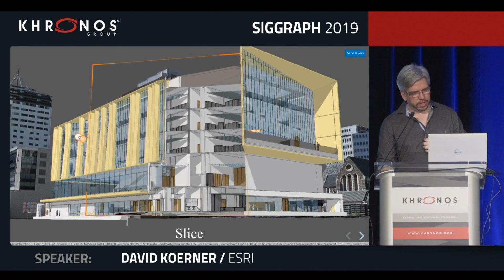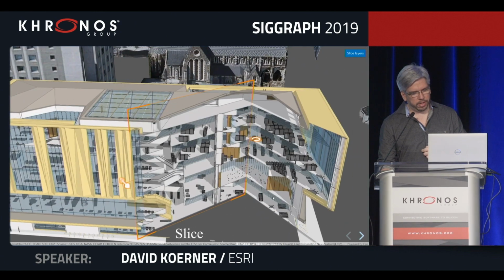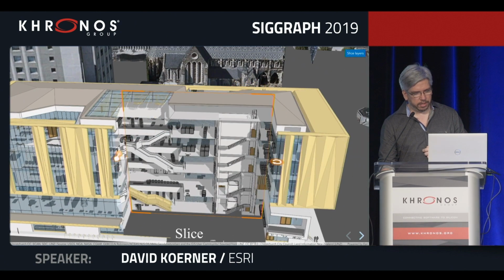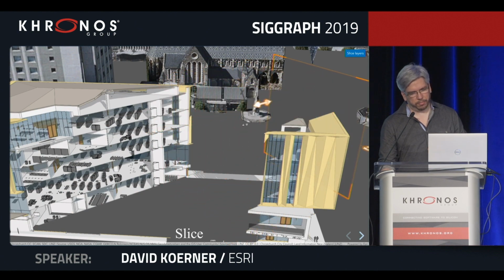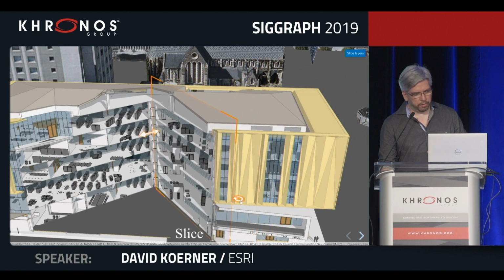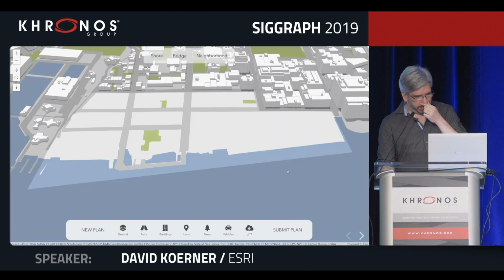Here we use the discard functionality in the shader to slice through the BIM model and explore the data set, which is very complex. That's one of my favorite features, actually. I really love this.